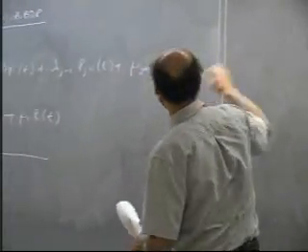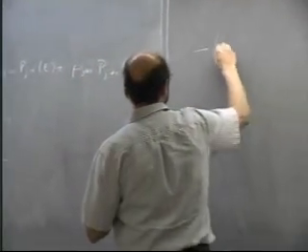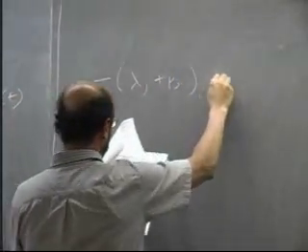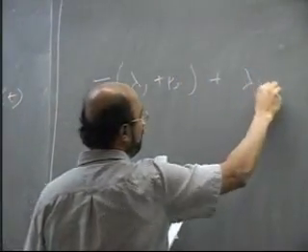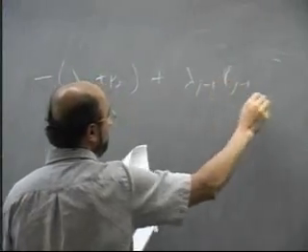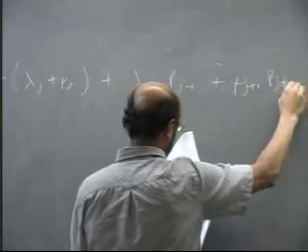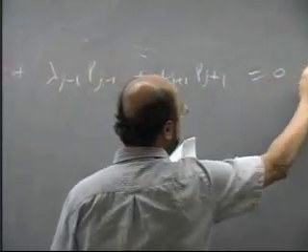We just set the left-hand side to 0, and we get minus (lambda j plus mu j) pj plus lambda j minus 1 pj minus 1 plus mu j plus 1 pj plus 1 equals 0, j greater than or equal to 1. Now we have a corner case.